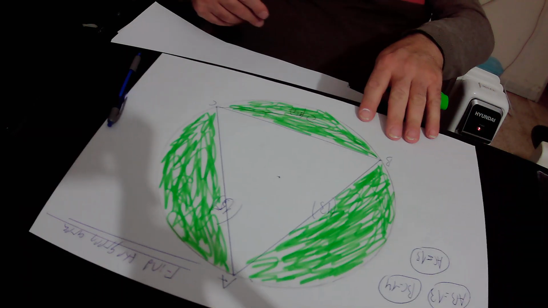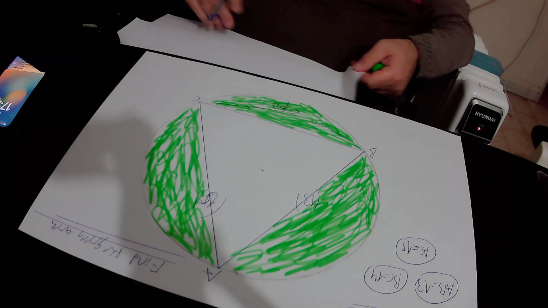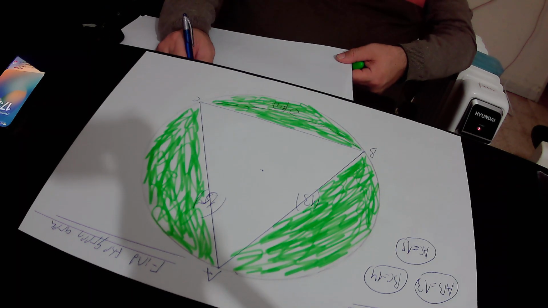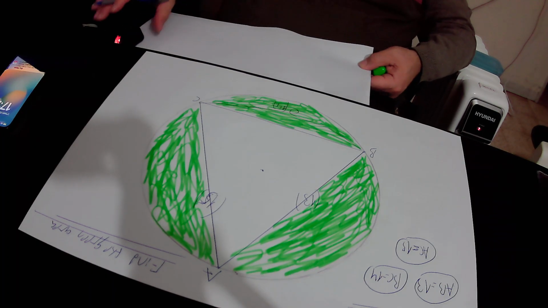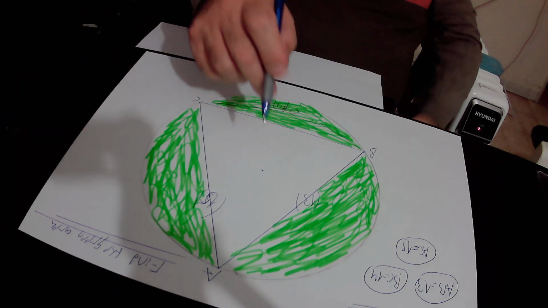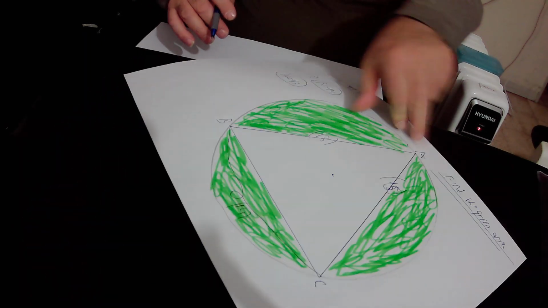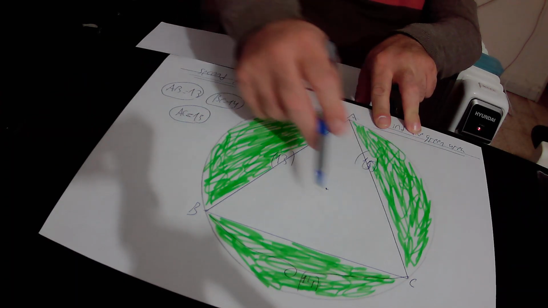In the second method, we'll do a construction. That is to say, from point A, we will go perpendicular on BC. Repeat again. From point A, we will go perpendicular on side BC of the triangle.